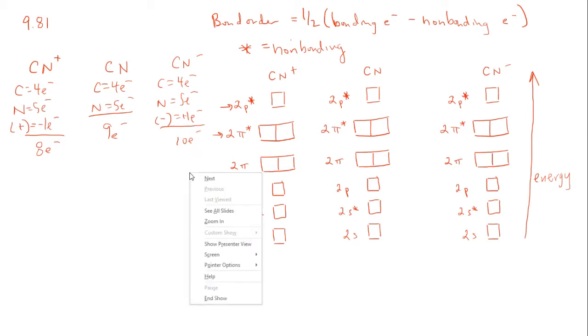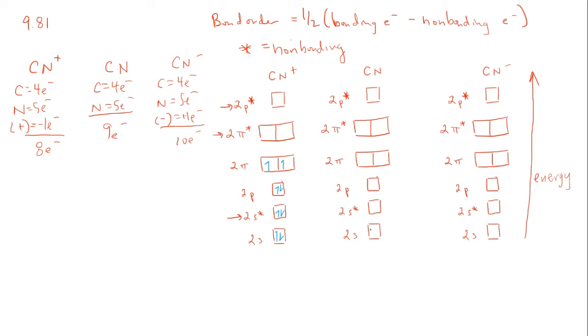Now all we have to do is look at how we place those electrons. For our cation, we've got 8 electrons to place, so we start at the lowest energy: 1, 2, 3, 4, 5, 6, 7, and 8. Remember we need to make sure each orbital has 1 electron before we pair up.